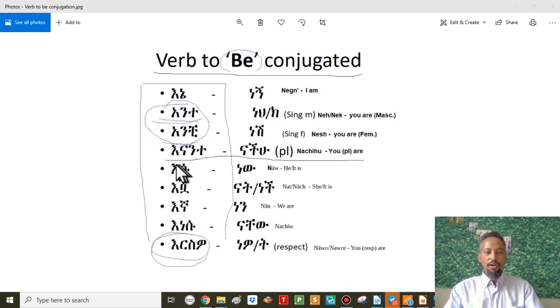Or if you're talking about a big, huge truck or a car, you say isu. It's funny and interesting. Most of the times, objects which are big, strong, or kind of masculine, they are referred or addressed as masculine.